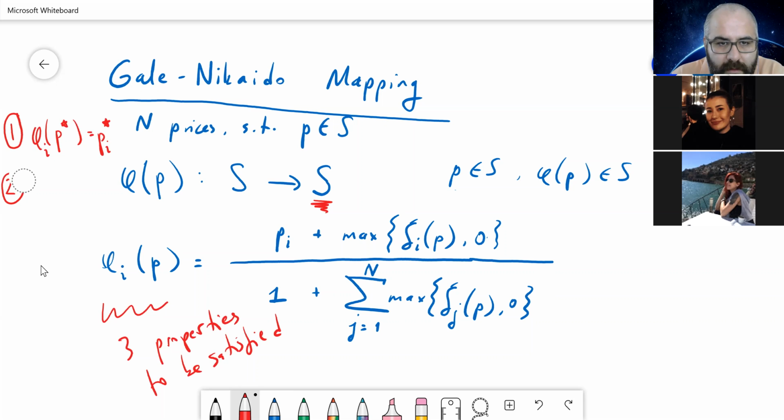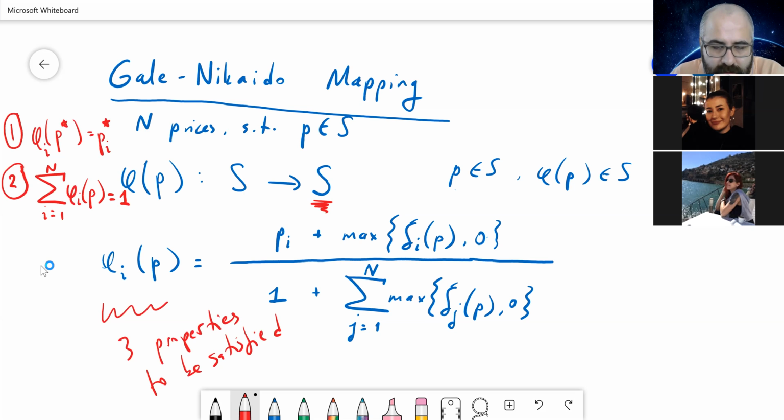So the second property is that updated prices must also be in this set. Okay, so their summation must be equal to 1.